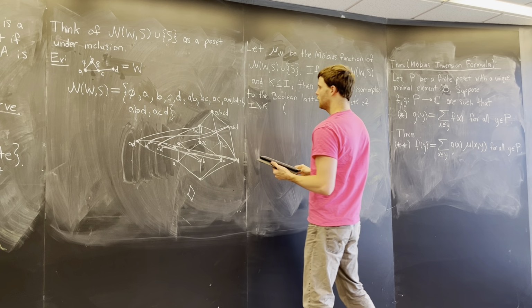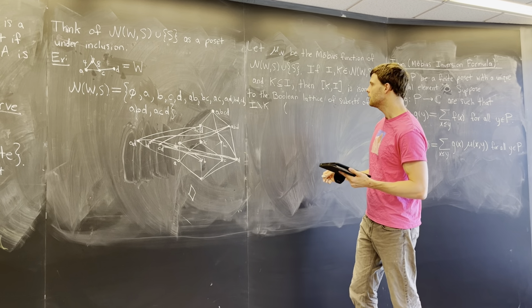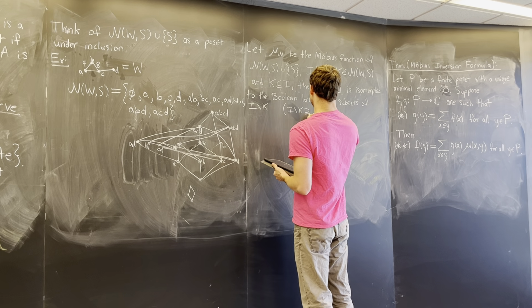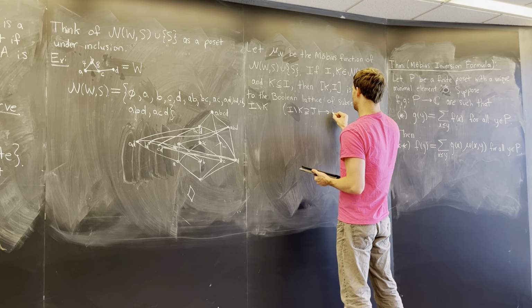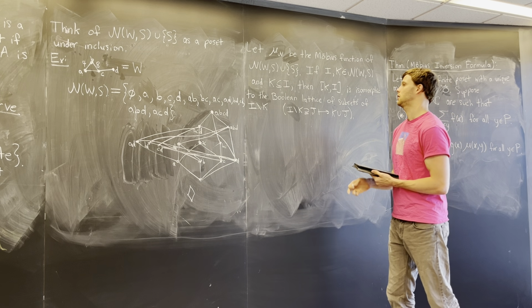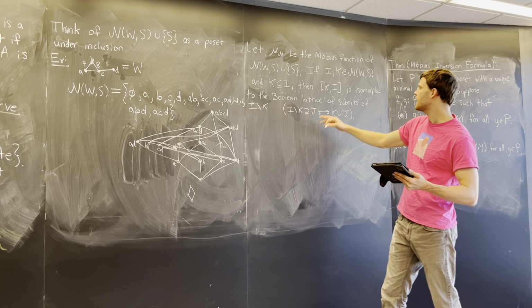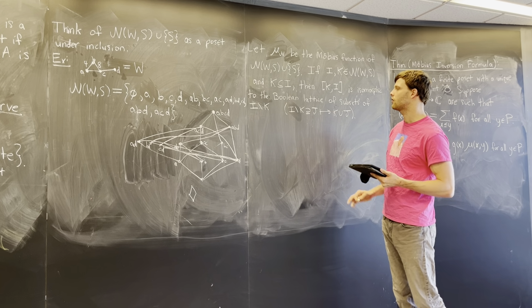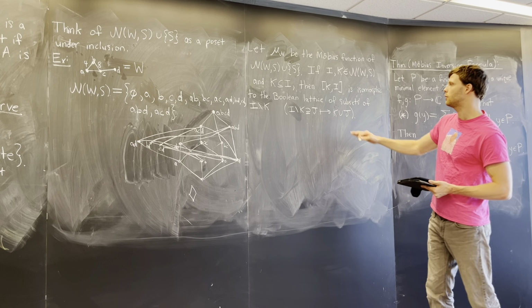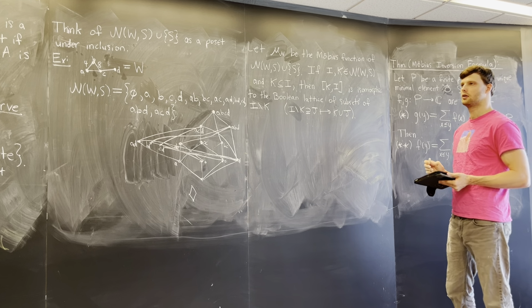And the isomorphism is that if you have some subset of I minus K, let's say it's J, let me write it this way. If J is a subset of I minus K, then I just map it to K union J. And that's going to be something that contains K, and it's contained in I. And this map is an isomorphism between the Boolean lattice of subsets of I minus K and this interval between K and I in this poset.